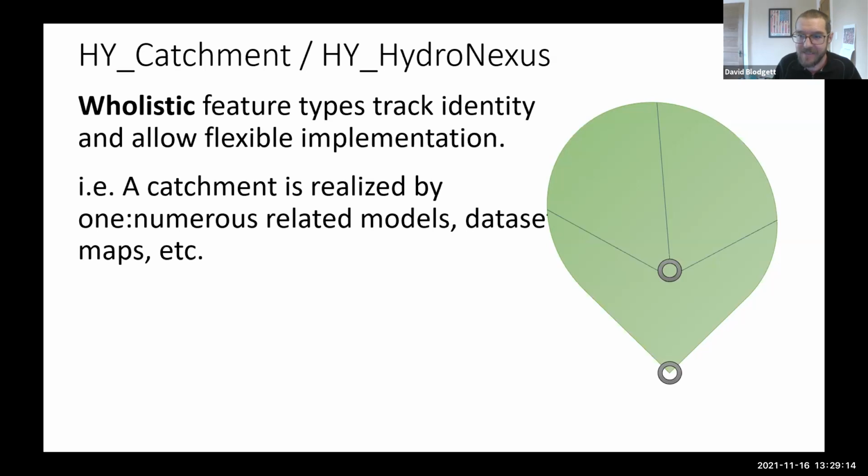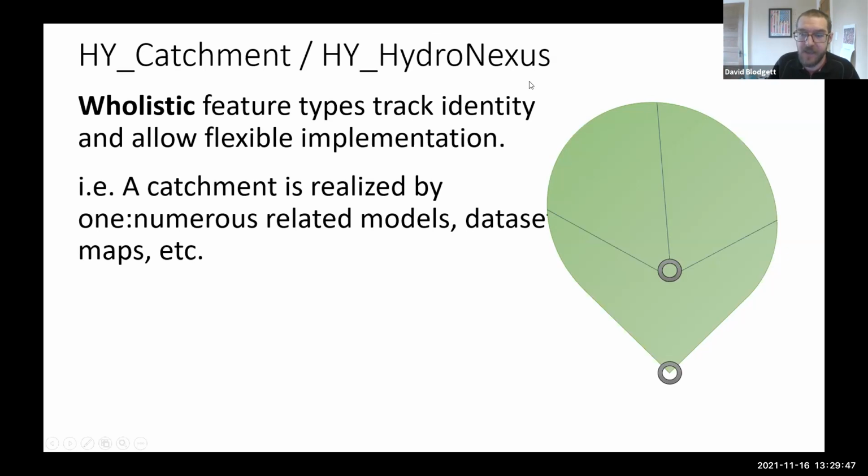The catchment has a main stem river. The catchment has a network of rivers that kind of represent some functional perspective of this idea of a holistic feature that is a catchment, right? And so the HY Features data model represents catchments in that way. It says, look, there's this high level thing that is a catchment that can associate in an upstream and downstream direction to other catchments through some kind of joining feature that we call a hydronexus.